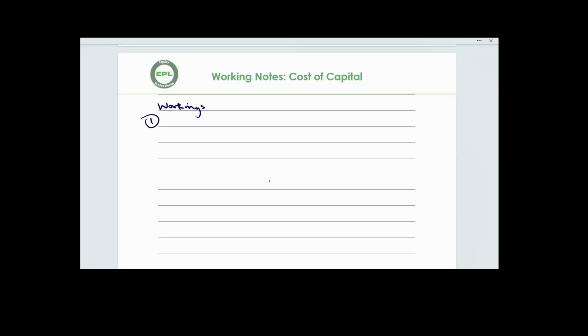Working number 1. Let's start from dividend per share, because the share price given to us, we are told, is cum div. Therefore, we need dividend per share.